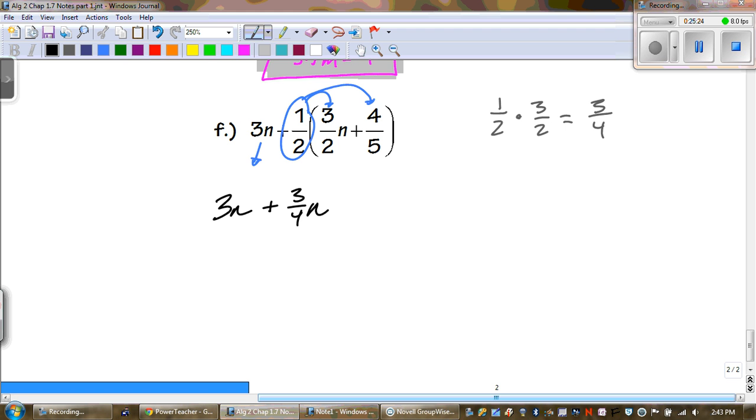Now, the next thing we're going to multiply is the 1/2 times 4 over 5. And for this one, we can reduce the diagonals. So we got 1 over 1 times 2 over 5. Well, that equals 2 over 5. So plus 2 over 5.